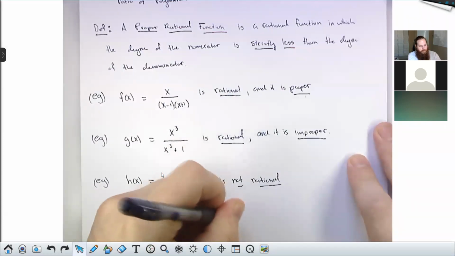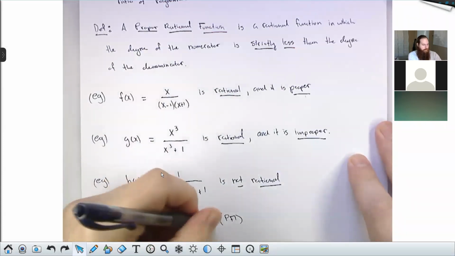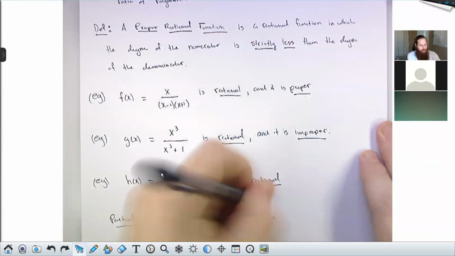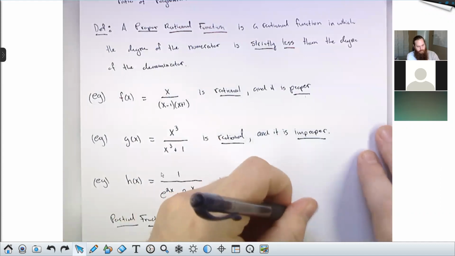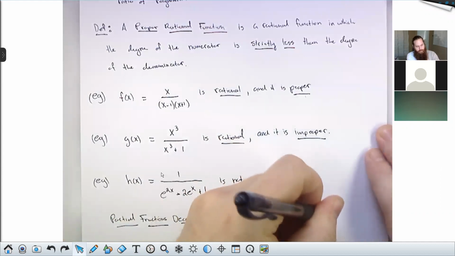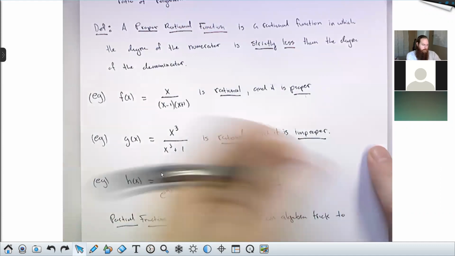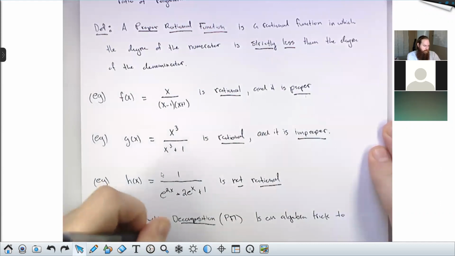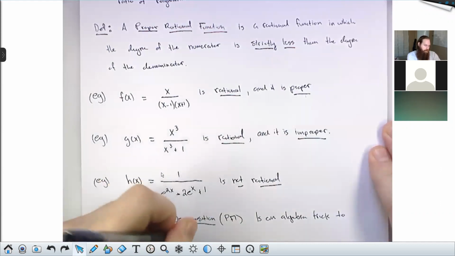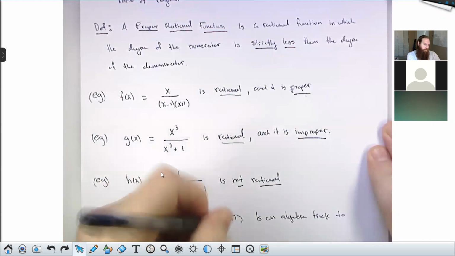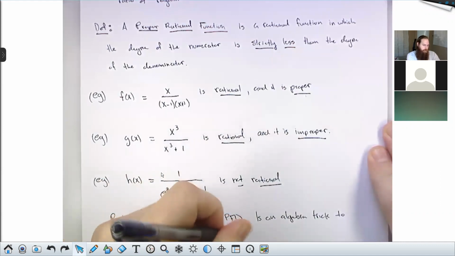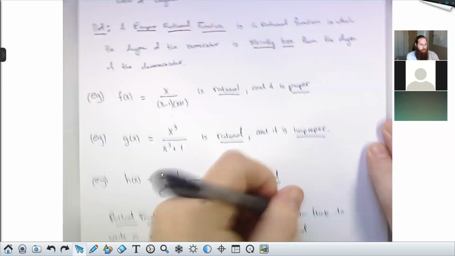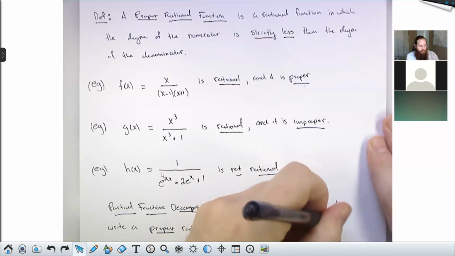I'm going to abbreviate it PFD, is an algebra trick to write a proper rational function as a sum of simpler rational functions.